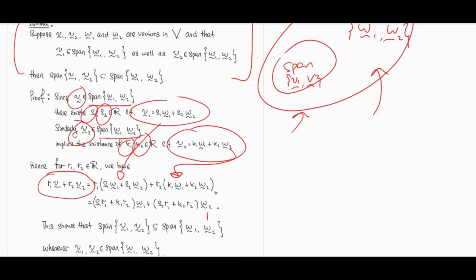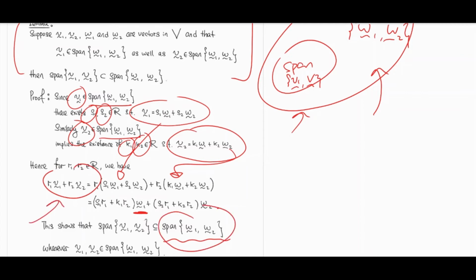That means that this vector can be written as a linear combination of W1 and W2. So by definition, this vector is in the span of W1 and W2.